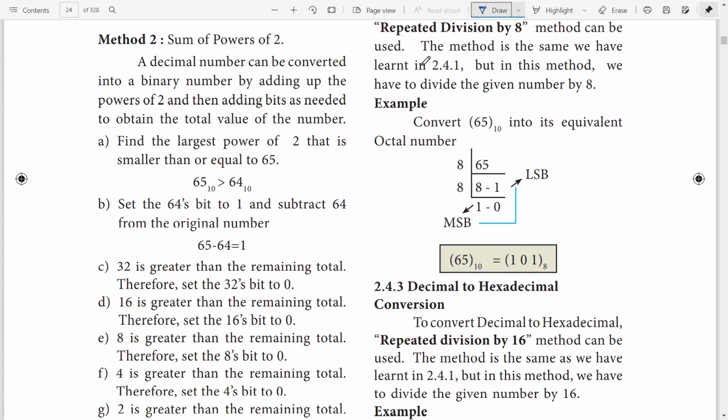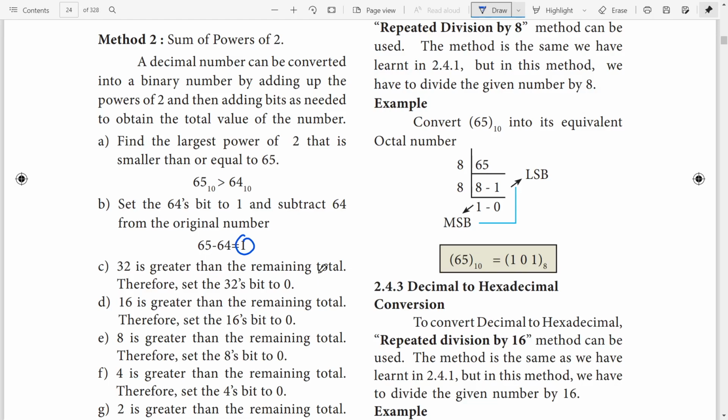Find the largest power of 2 that is smaller than or equal to 65. That is 64, which is 2 power 6. 2 power 6 is 64, and it leaves the remainder 1.